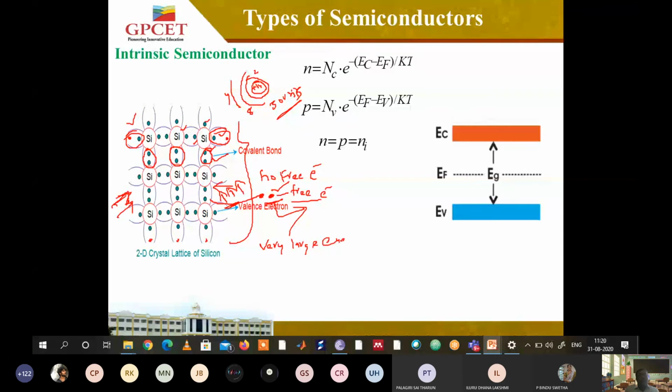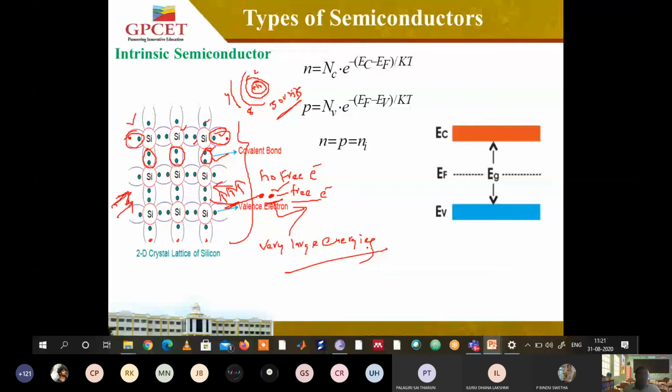But producing or applying this much large energy is very difficult for us. So in an intrinsic semiconductor, it is very difficult to get higher electricity or higher current flow.